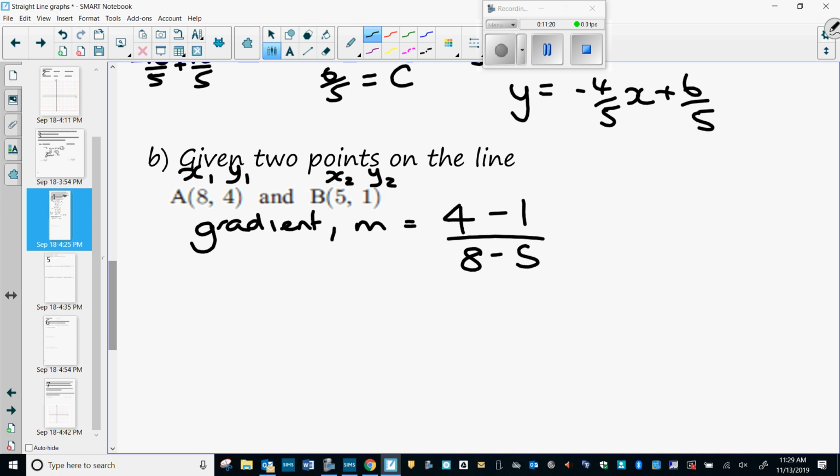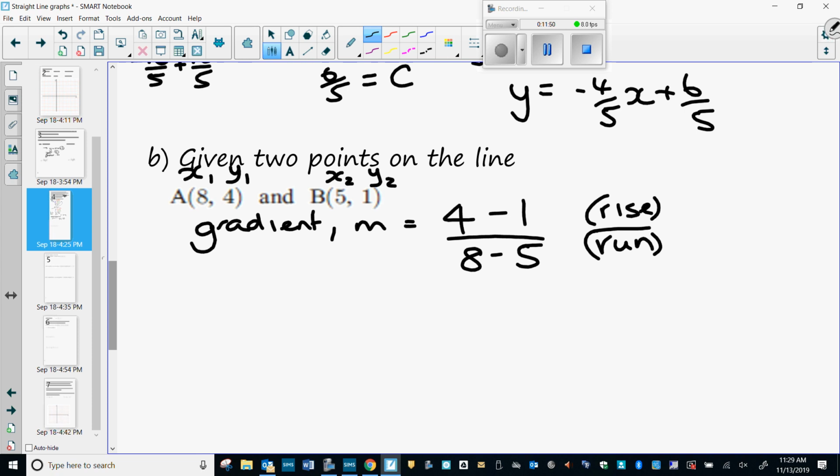8 subtract 5, good. Remember, I thought it was the rise, I thought it was y2. Yeah. And I refer back to the fact, does it matter which one is 1 and 2? No. So yes, the formula I wrote up said y2 minus y1, but remember I also said it didn't matter which one was x1, y1 and x2, y2, okay?